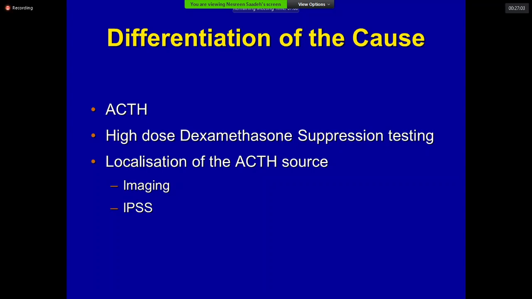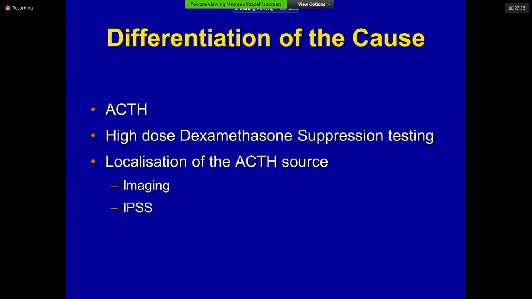If it's high, then we know that it's coming from the pituitary or maybe from an ectopic site, which is secreting the hormone as a paraneoplastic phenomenon, most commonly in cases of lung cancer, but it could be in any other type of tumor as well. But if the ACTH is low, then we know that this is the adrenal, which is secreting the high cortisol level.